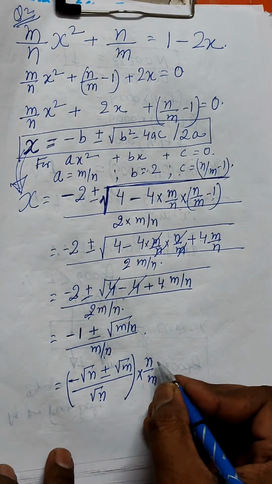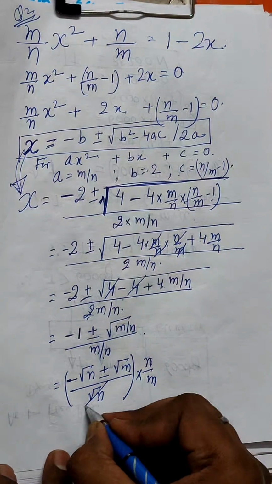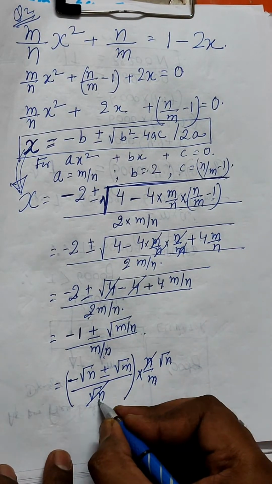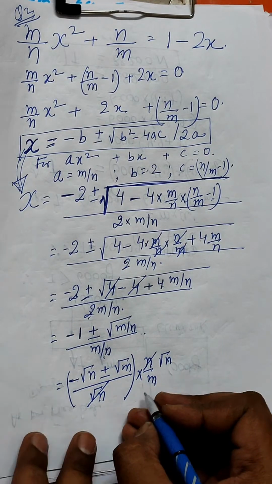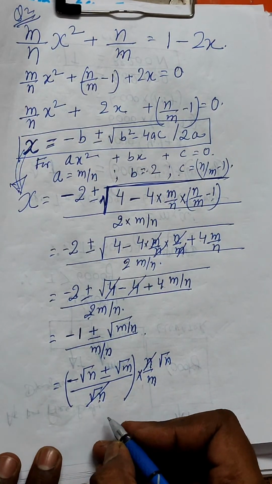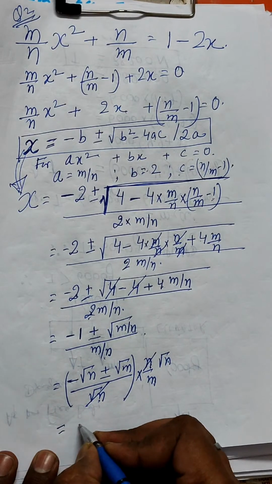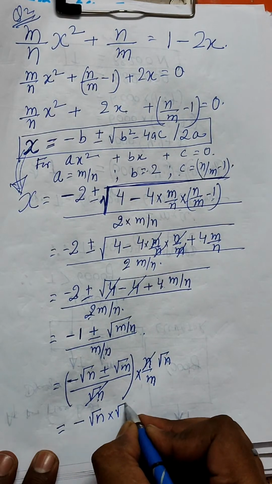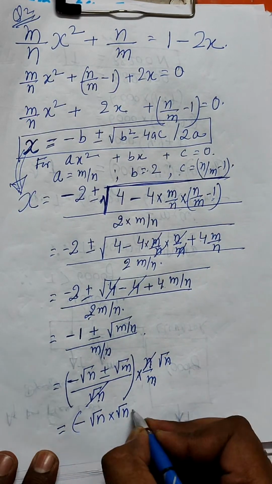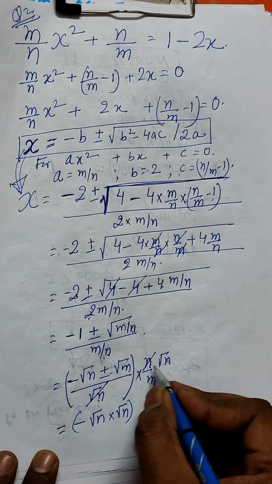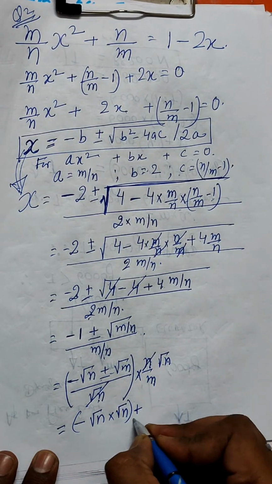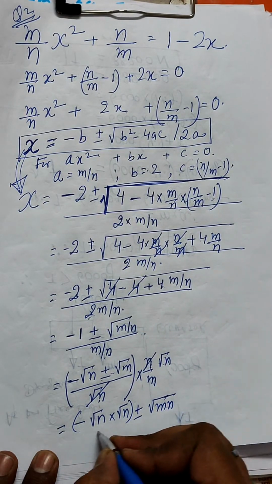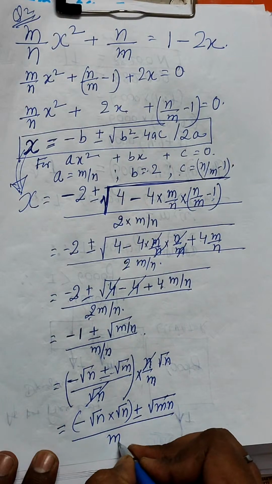Now from here and here you can see root n will cancel this n in root n times, because root n into root n equal to n, right? So this will give you minus times root n into root n, the first term, simply multiplication, plus minus root m into n will be equal to root mn divided by m.